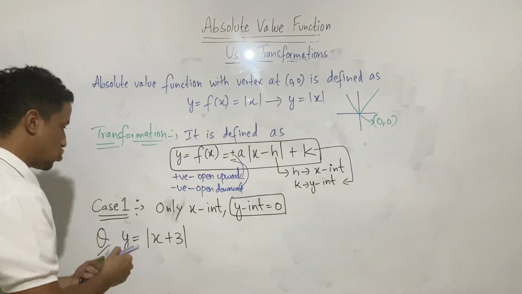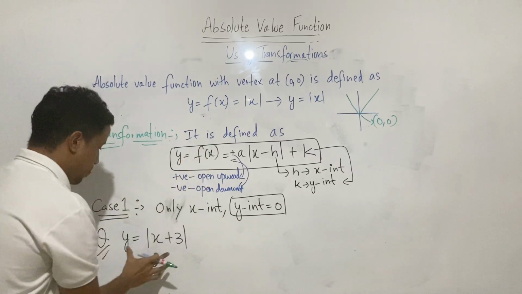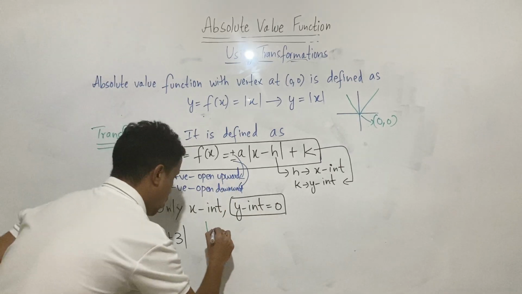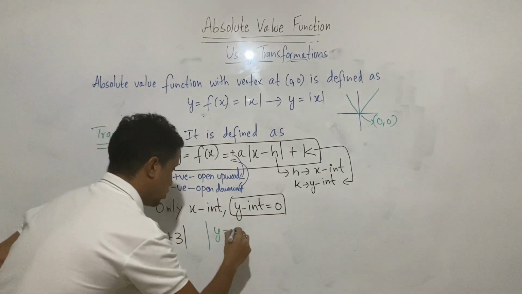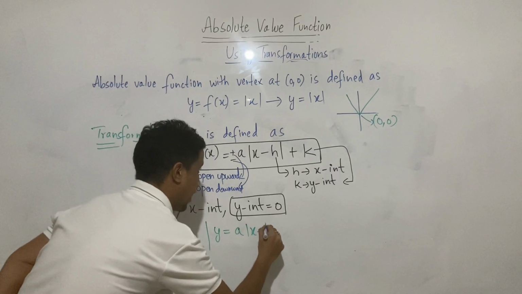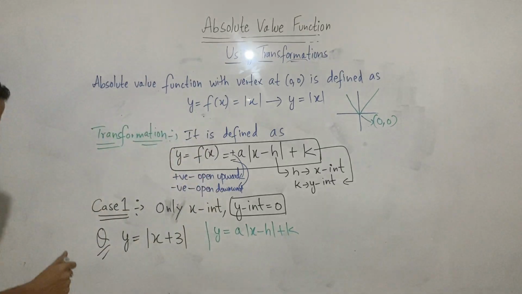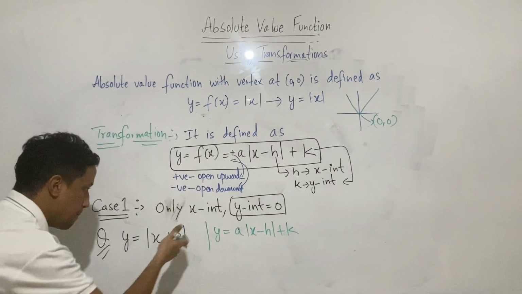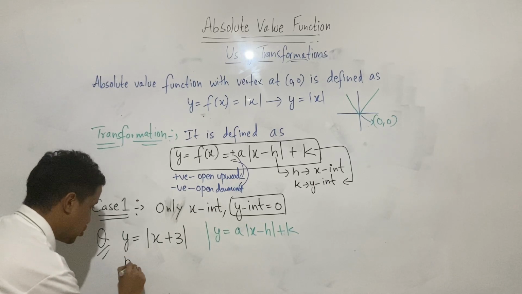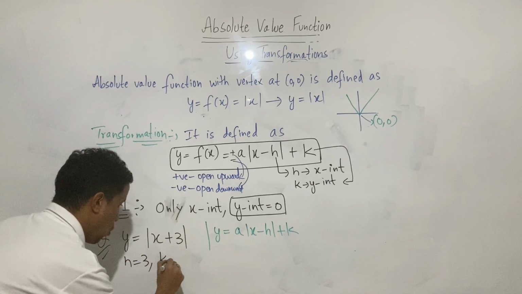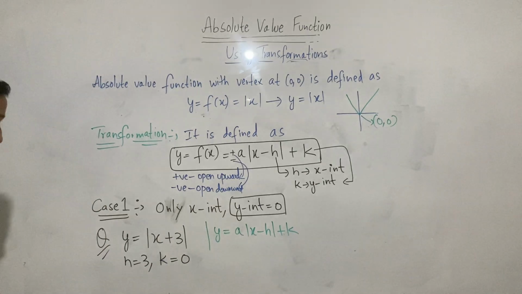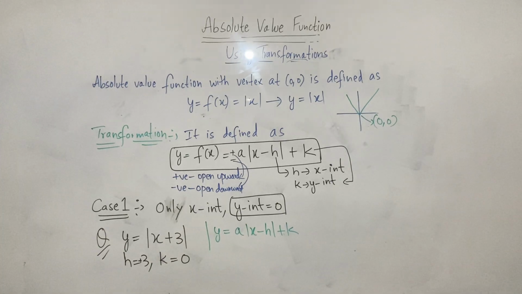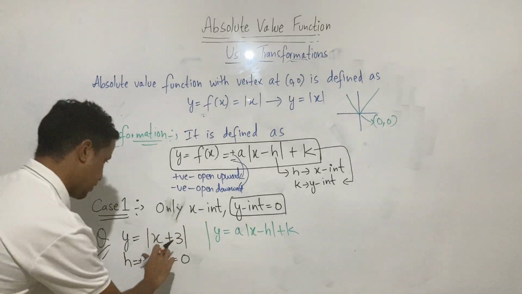If I compare this with the standard equation, which was y equals a modulus of x minus h plus k, I can see that my h is 3 and y-intercept is 0. Okay, and h is positive 3? No, h is negative 3. Why?